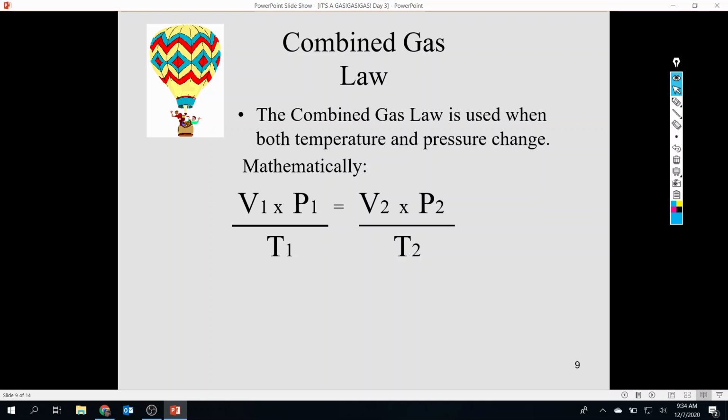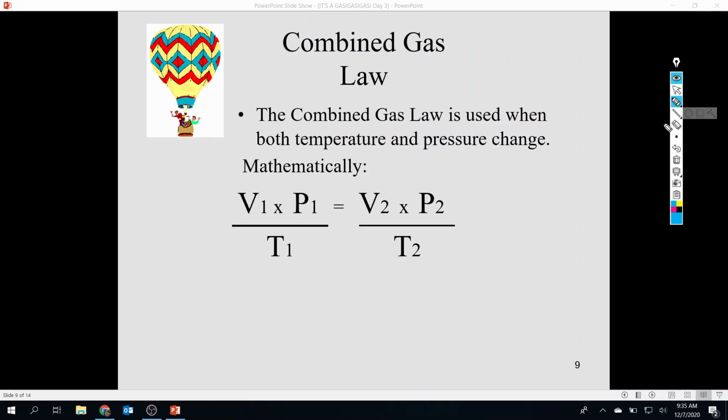So if you have a gas that is undergoing changing conditions, like the volume changes or the pressure changes or the temperature changes from one set of conditions to another, then we would use this law in order to evaluate the conditions either before or after the change. All right? So we would look at our volume either in liters or milliliters. We would look at our pressure in atmospheres, and we would look at our temperature in Kelvin.